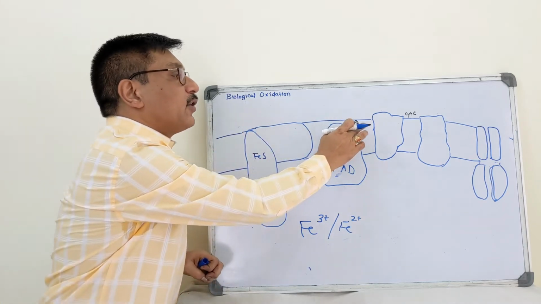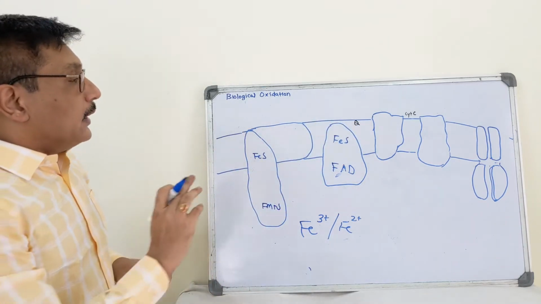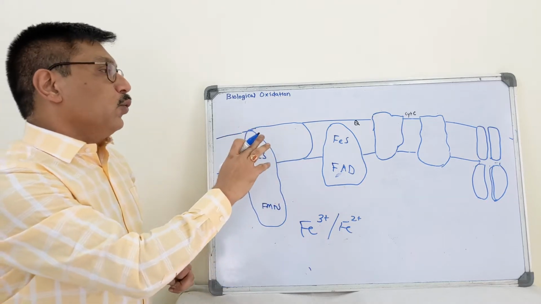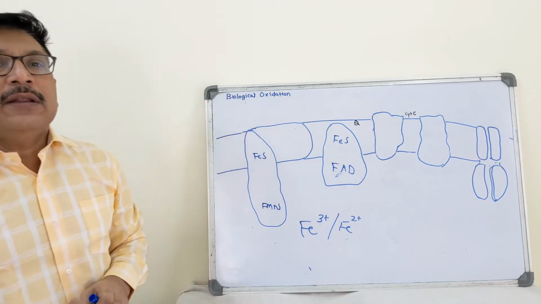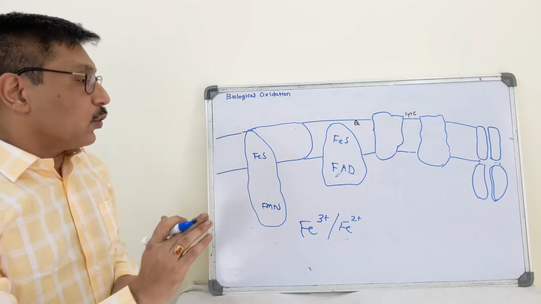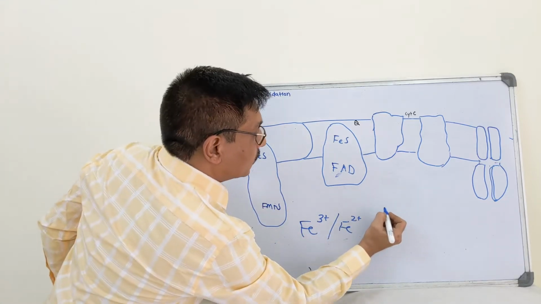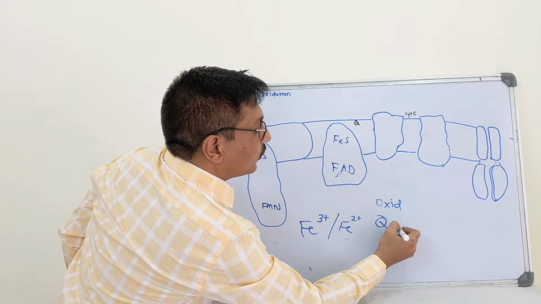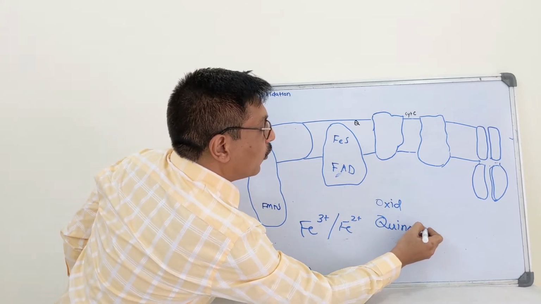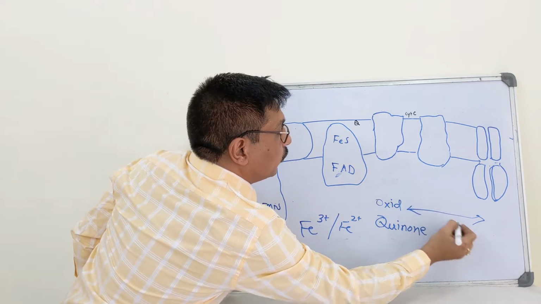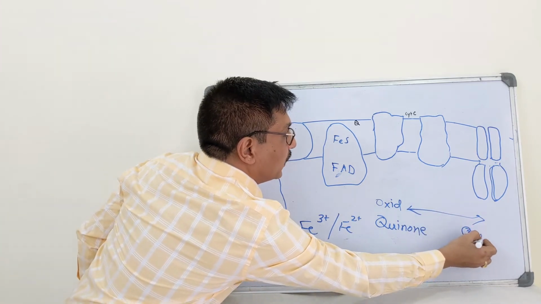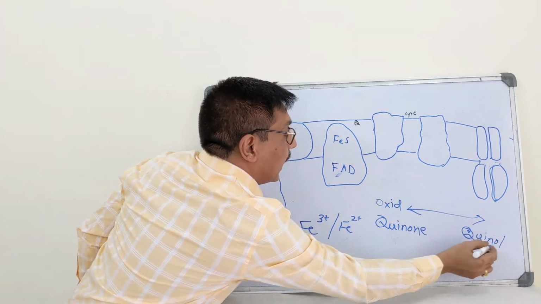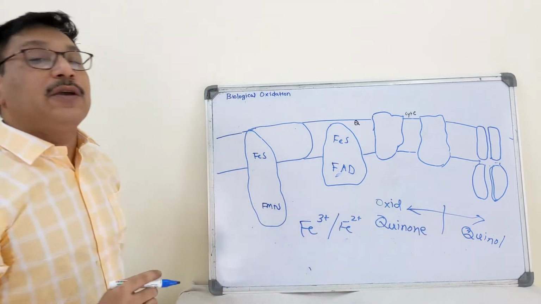At a time, it can transport 2 electrons. Coenzyme Q oscillates between the oxidized quinone form and the reduced quinol form, with the intermediate semiquinone form.